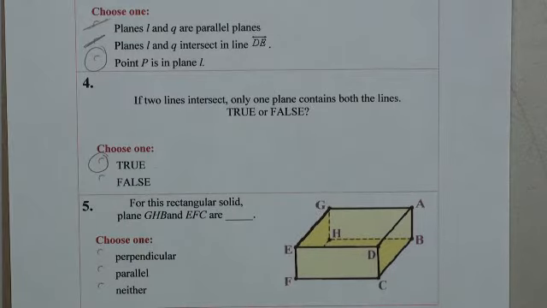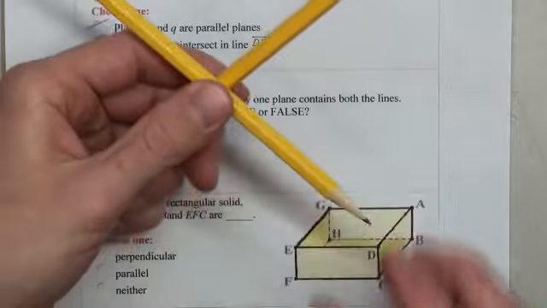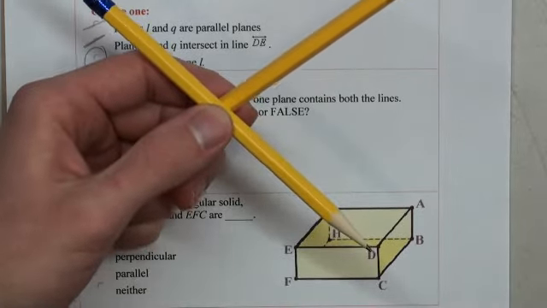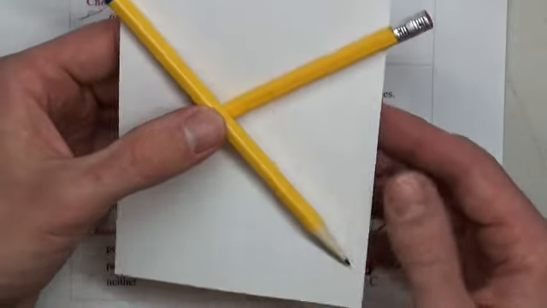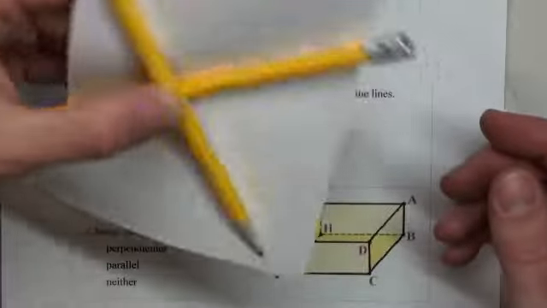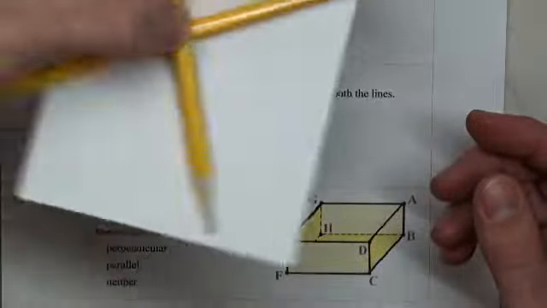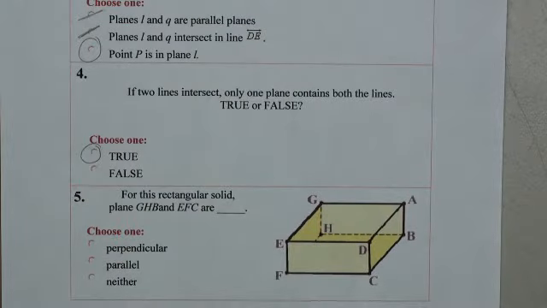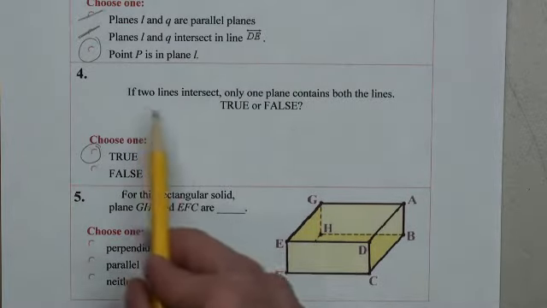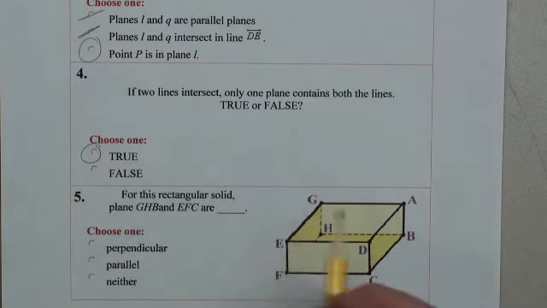You have to know that. If I put two lines down right here floating in midair, they form a plane. They form that plane right there. And no matter where I put these two lines, they form only one plane. It's the plane that would be attached to them wherever they are. So two lines form a plane. If two lines intersect, only one plane contains both lines. That's true.